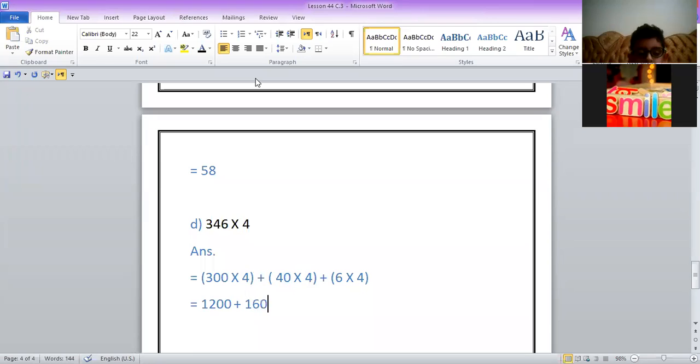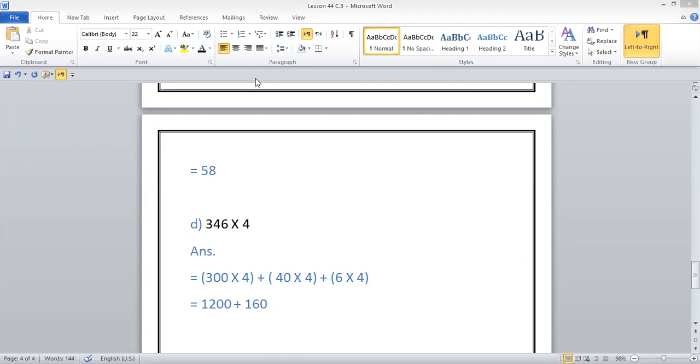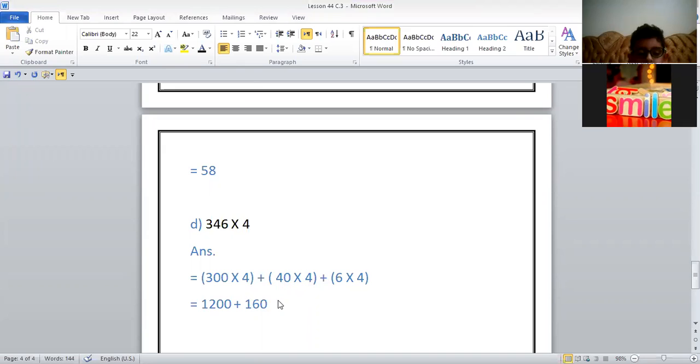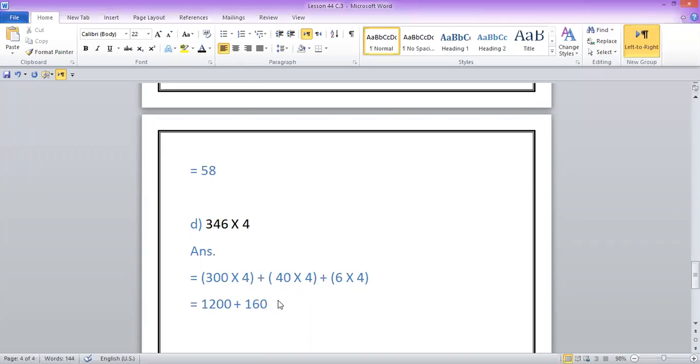Who did not understand? Me. What's your name? Abdulaziz. Abdulaziz, what did you not get? This one, I did not understand this one. Multiplication or this method? No, you did not get how I am multiplying 40 by 4.